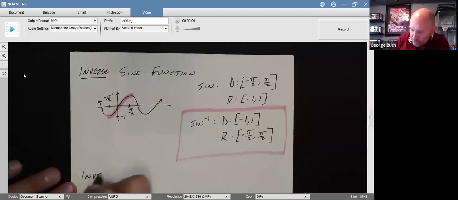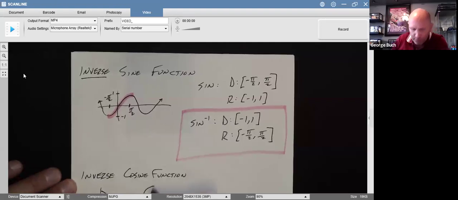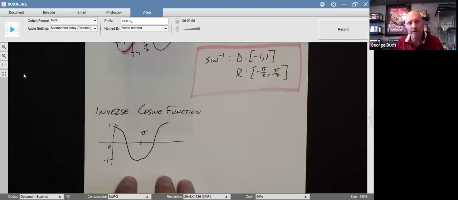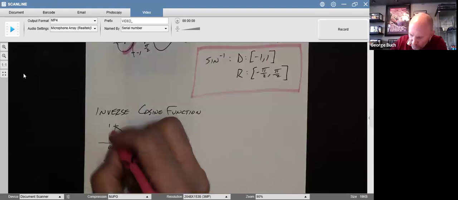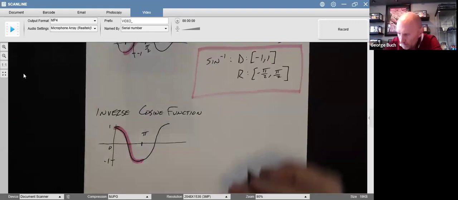If I have the inverse cosine function, again I have this issue that the graph goes from negative infinity to positive infinity. So what we're going to restrict ourselves to on this one is one period of cosine.